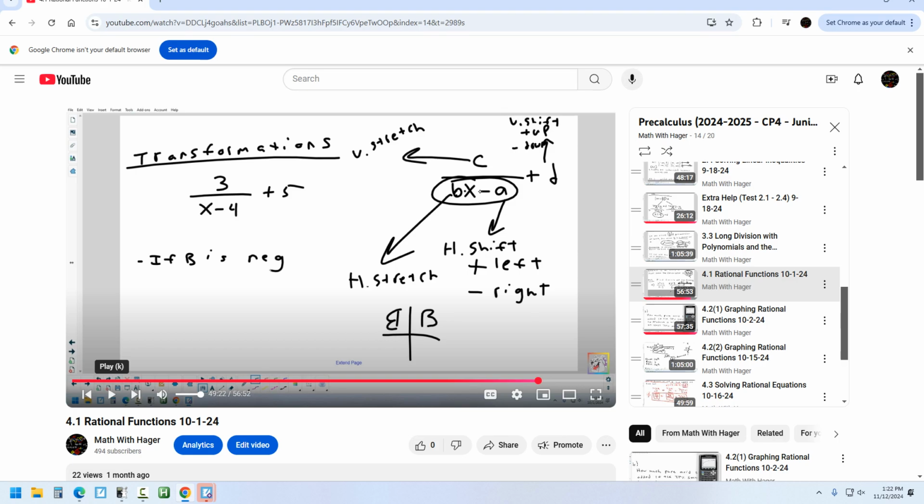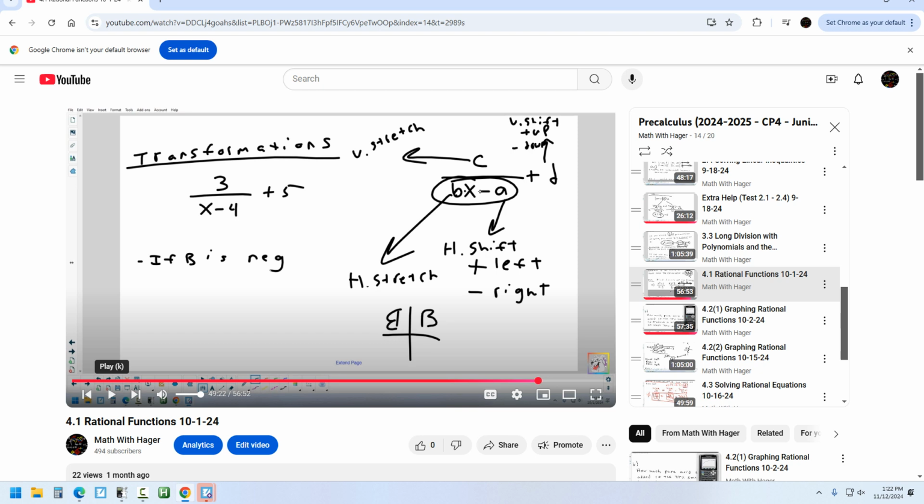And now I was just starting to write it here. And I'm going to do the same thing on ours. If the b is a negative, what does a negative b cause to happen? Shift to the right? No, what did we write down? B is multiplication, and if it's a negative, it causes your graph to stretch?